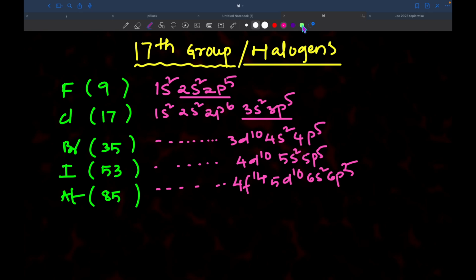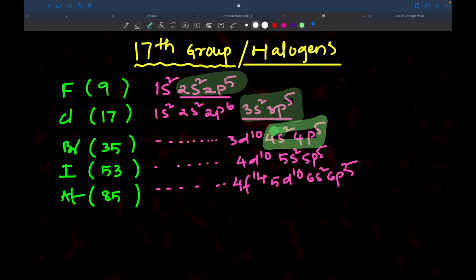All the elements have got 2 electrons in the s orbital and 5 electrons in the p orbital of the valency shell. So that's why all these elements are usually called 7th group, but if you add this 10, it makes it 17. So therefore we call them 17th group elements.